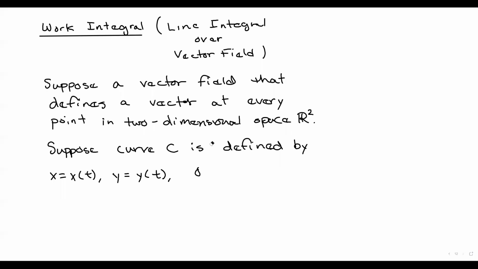It doesn't have to start at 0. From A to B. Okay, and so what our problem is going to be is to find the work done by a particle moving along the curve C.